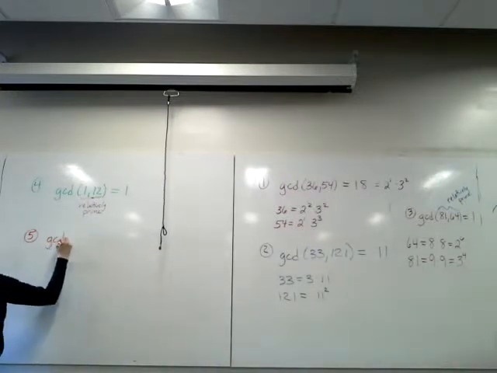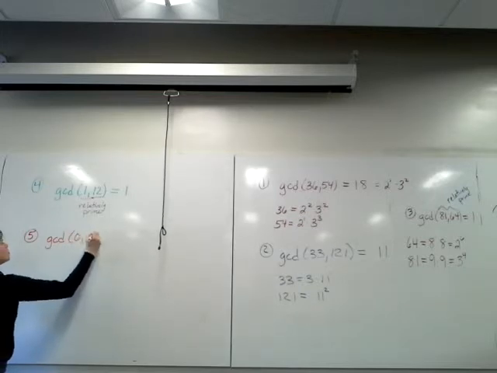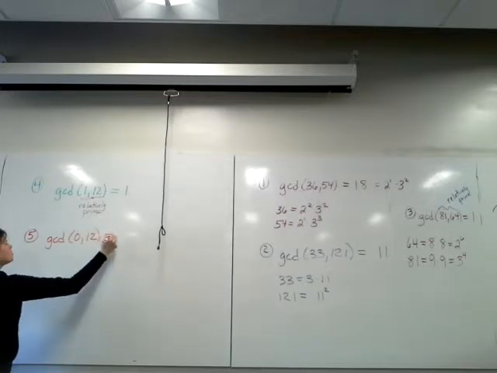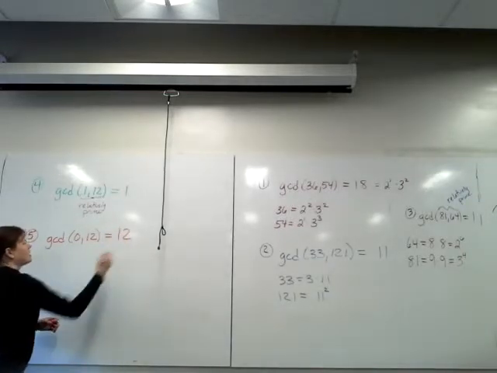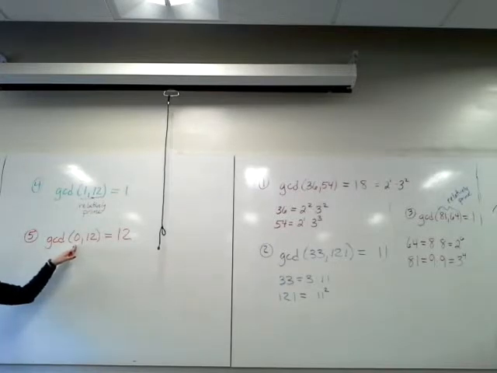What about the GCD of 0 and 12? 12, right? All of our positive integers divide 0.